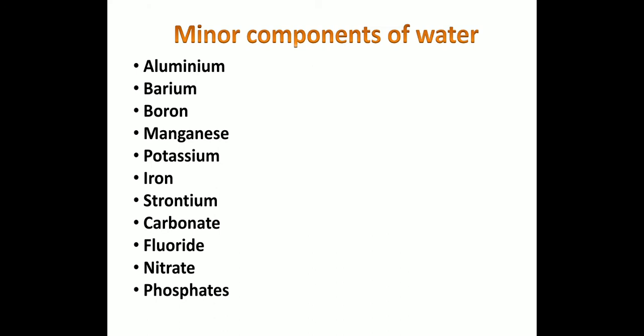So in this way we have discussed all the parameters of this unit, and this is how we can summarize this unit. In the next lecture we will start a new unit.